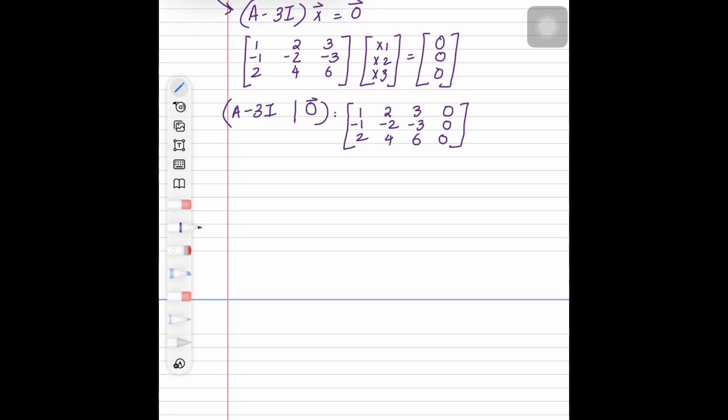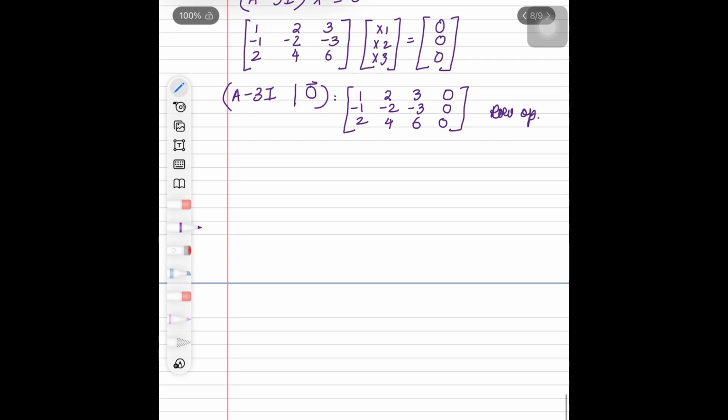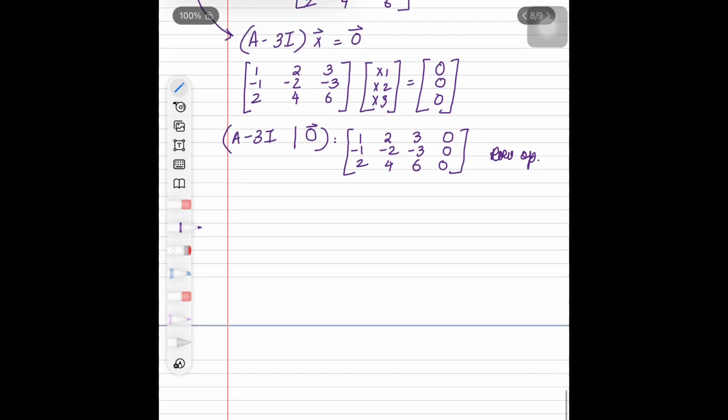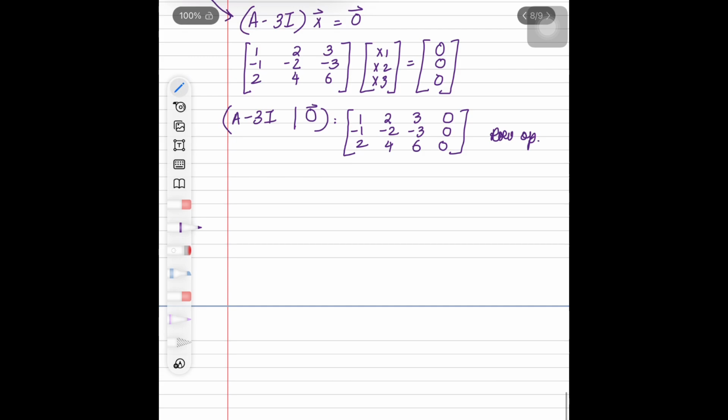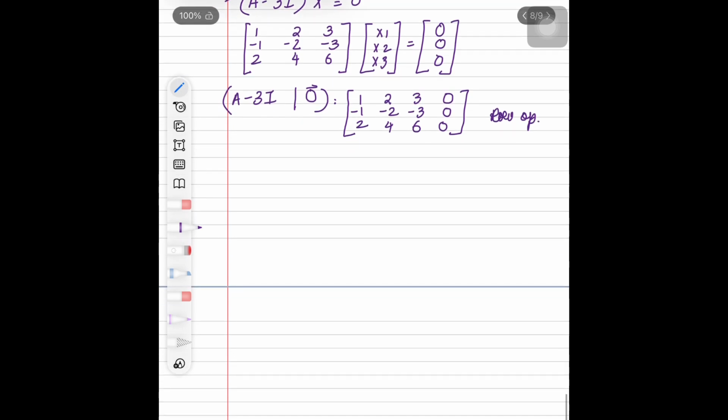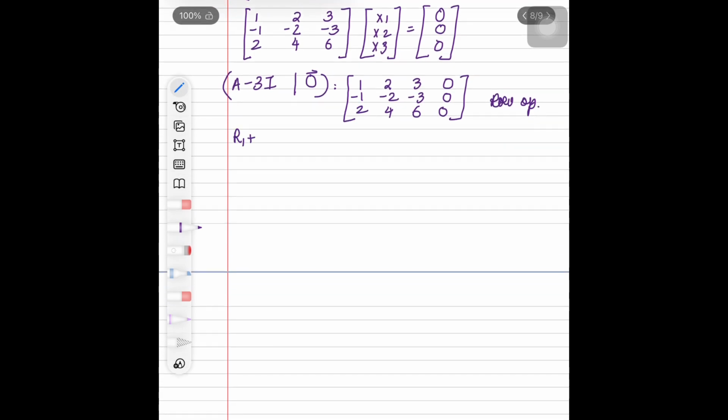Right here, let's just do some row operations. If you're having trouble with row operations, it's one of my first couple of videos that I posted that'll help you a lot with that, so make sure to watch that before going in with this. So R1 plus R2 would help us cancel out this negative 1 right here, since we want to get this into row echelon form.